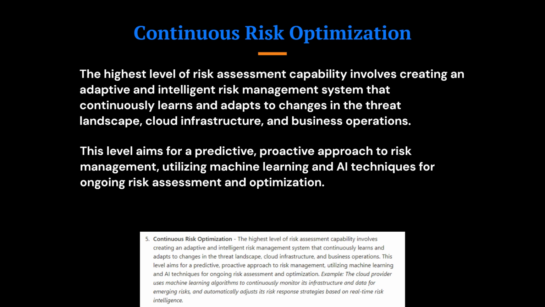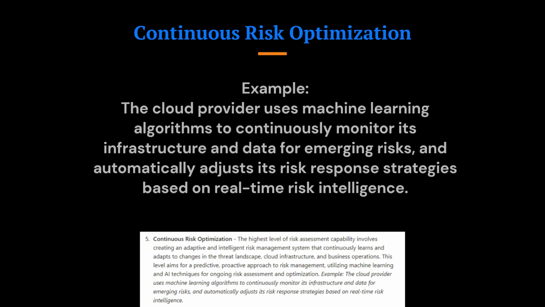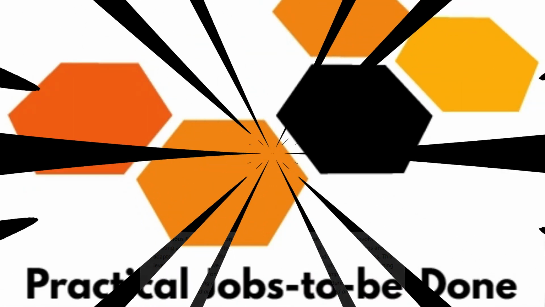This level aims for a predictive, proactive approach to risk management, utilizing machine learning and AI techniques for ongoing risk assessment and optimization. The example given is, the cloud provider uses machine learning algorithms to continuously monitor its infrastructure and data for emerging risks, and automatically adjusts its risk response strategies based on real-time risk intelligence. Wouldn't you agree this is pretty impressive?